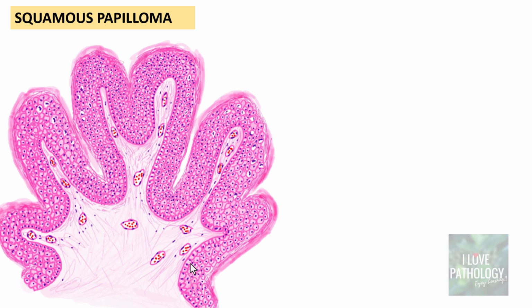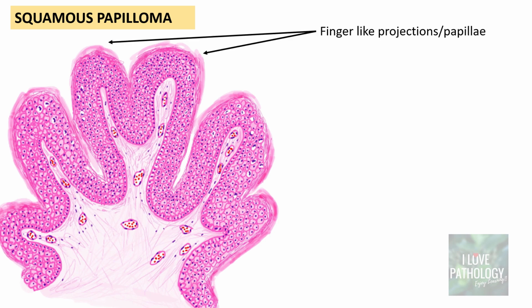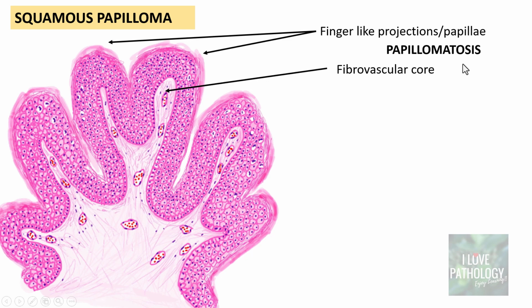So what do you see in histopathology? Basically, you see finger-like projections of the epithelium, known as papillae. These papillae have fibrovascular cores, and that is called papillomatosis. The first important feature is papillomatosis, formed by finger-like projections called papillae with a fibrovascular core.